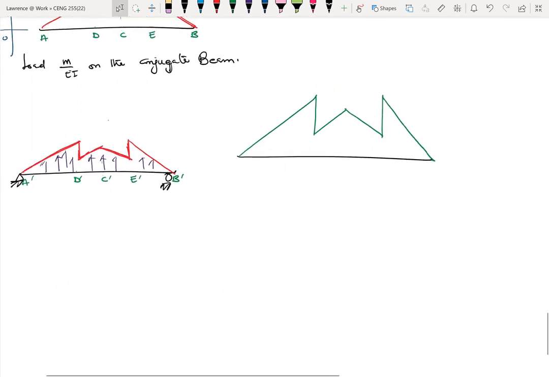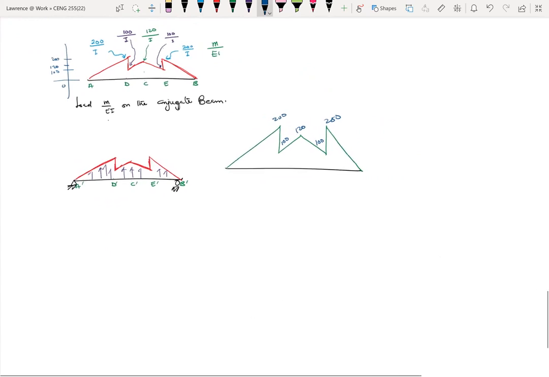Here's 200, in a different color. There's 200, this is 100, 120, 100, 200. Once we have this, let me extend it a little bit so that it looks somewhat symmetrical.